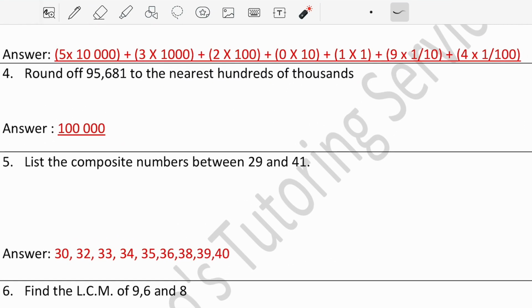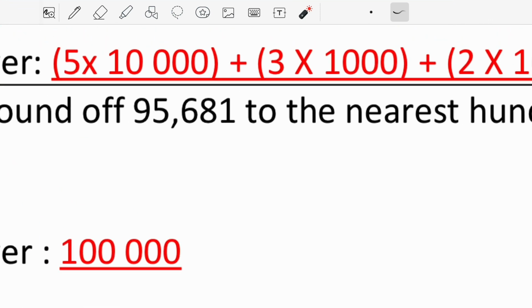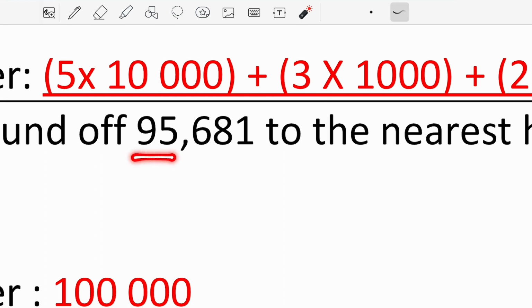Next, round off this number to the nearest hundreds of thousands. So we know that this is tens of thousands, thousands, etc. We don't have any digit in the hundreds of thousands position, but they are asking us to round up to the nearest hundreds of thousands.